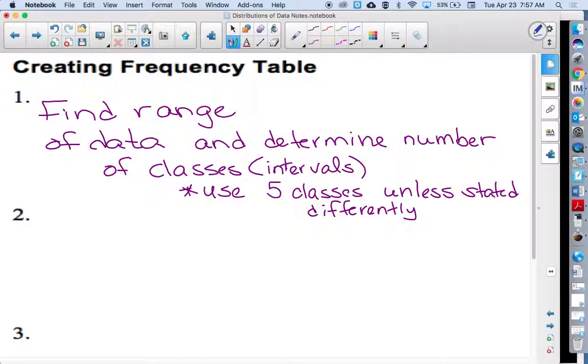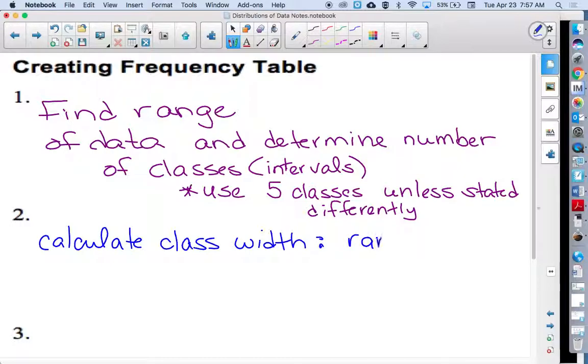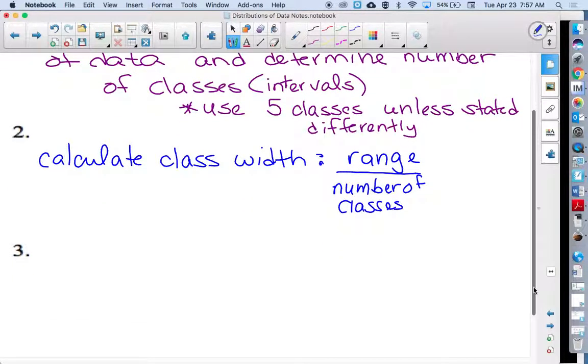The second step is to calculate the class width. The class width is the range divided by the number of classes. So that means how wide is each interval?